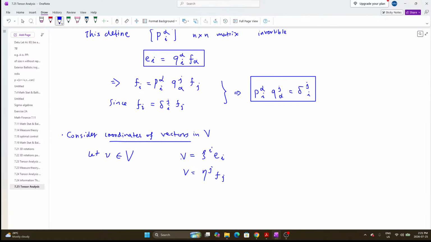So you have two expansions. Now we are interested in how the two coordinates are related.